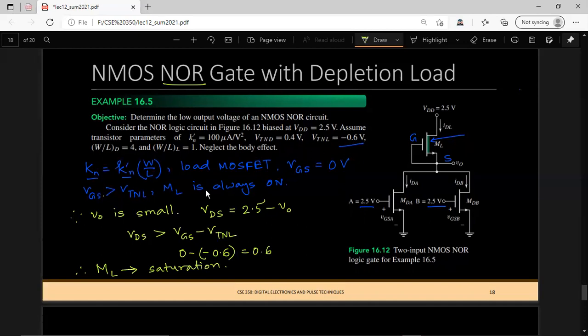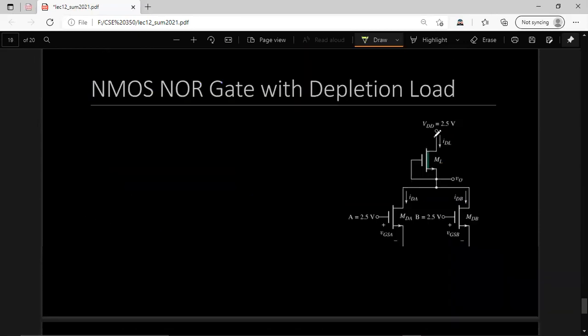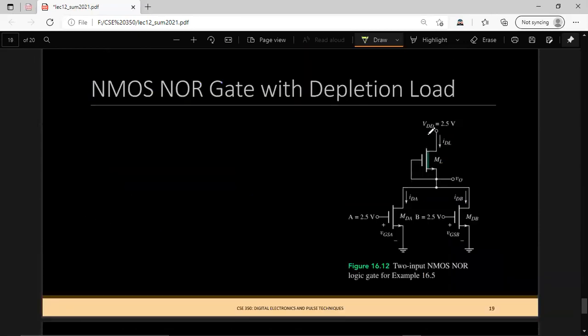But if the input voltages at these two terminals A and B were different from 2.5, let's say both are 1.5 or 1 volt, then we cannot say for certain what the operating mode is for the load transistor here. Okay, so now we proceed to our main calculation.